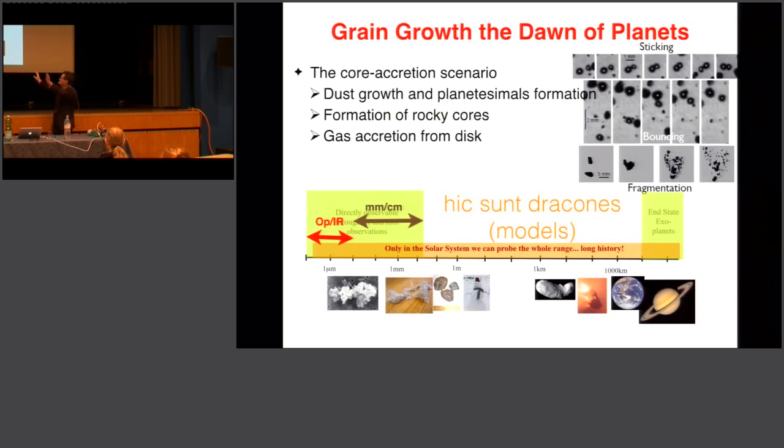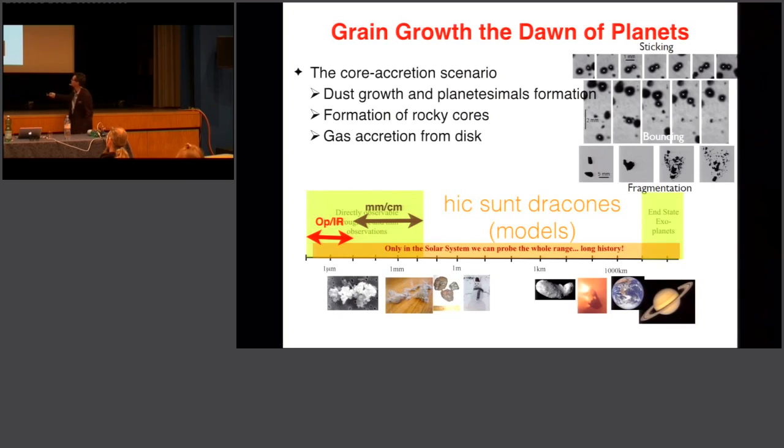And so basically we provide these 2 conditions at both sides for the models to join and explain planet formation. But obviously, it's very hard to trace the other steps.